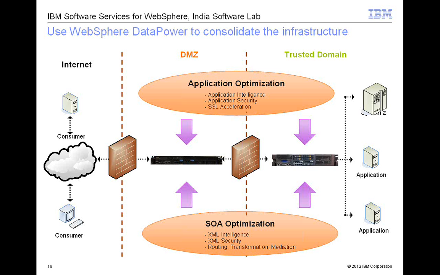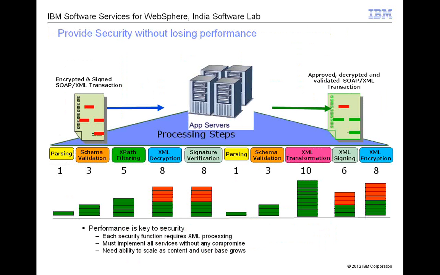Now this is one of the most liked features of DataPower, and not many software solutions can ever boast about this. As I said before, when you build rich applications at the back end, it looks fantastic.